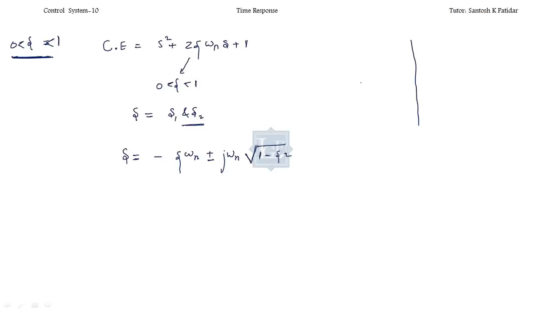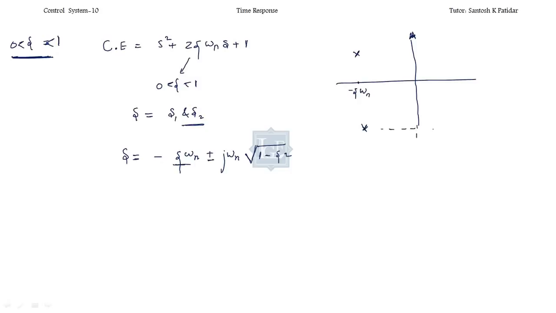It's kind of like this. This is the S plane I'm considering over here. This is the point of minus zeta omega n. So you are getting one pole at this place and one at this.